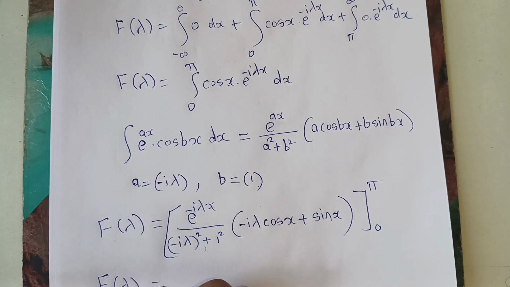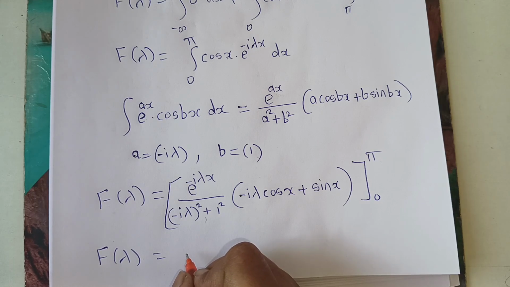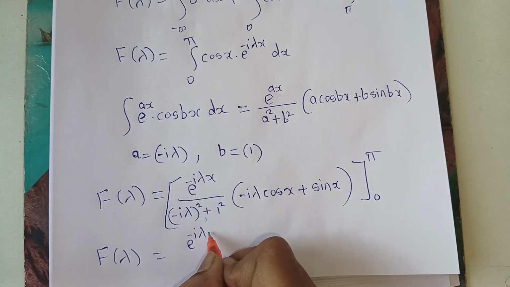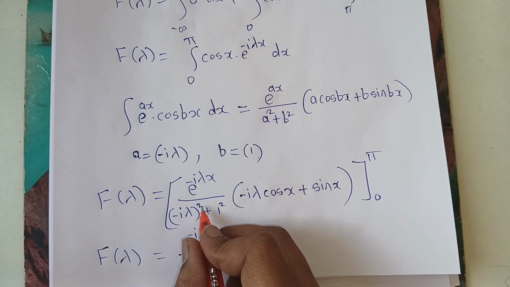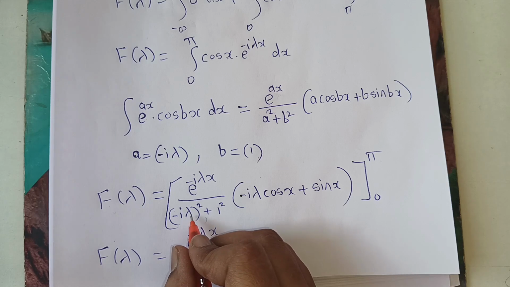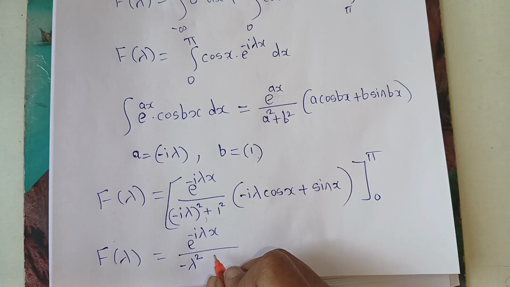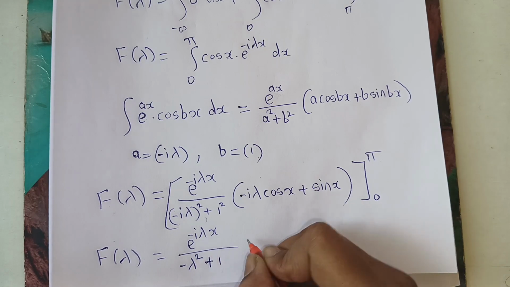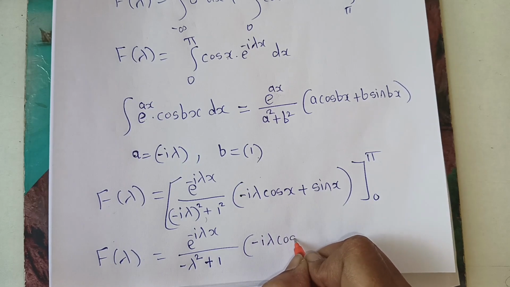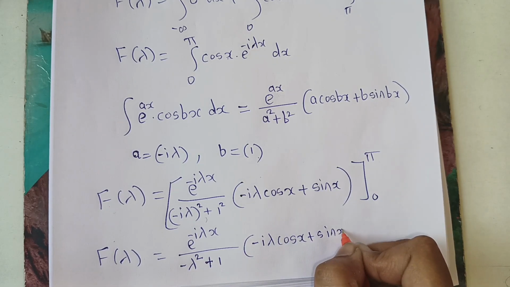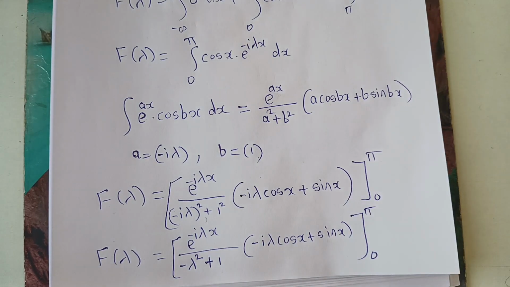Since i squared is minus 1, this becomes minus lambda squared plus 1, into another bracket minus i lambda cos x plus sin x, with range of integration 0 to pi.